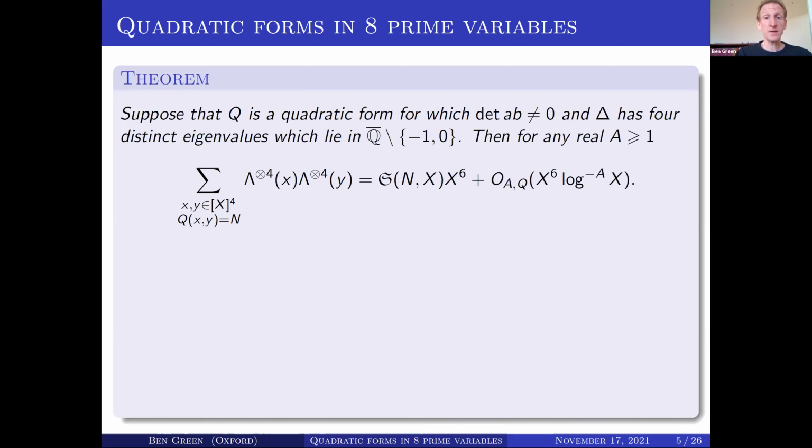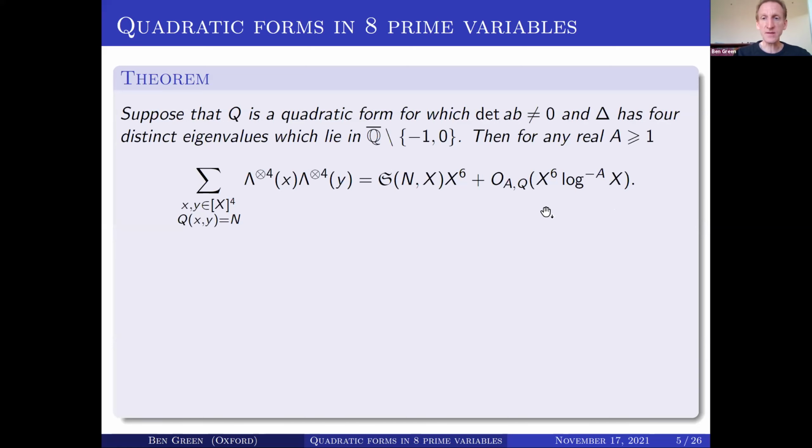Then this statement is that the number of prime solutions to that quadratic form equals n. So the expression here on the left is counting prime solutions to Q of x1 up to x4, y1 up to y4 equals n, weighted by the von Mangoldt function. That is given by the expression on the right, which has the form of a main term plus an error term. Now, the error term is the standard sort of error term that always comes up in analytic number theory.